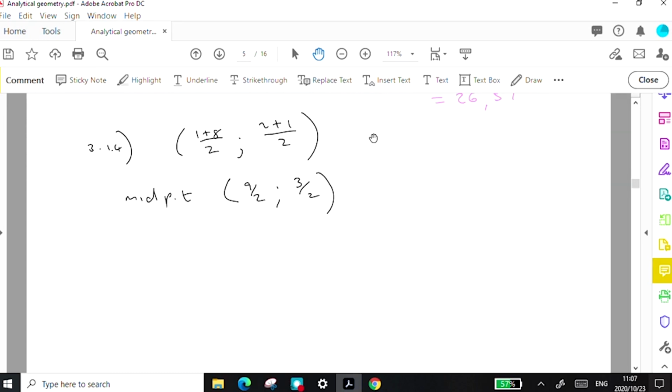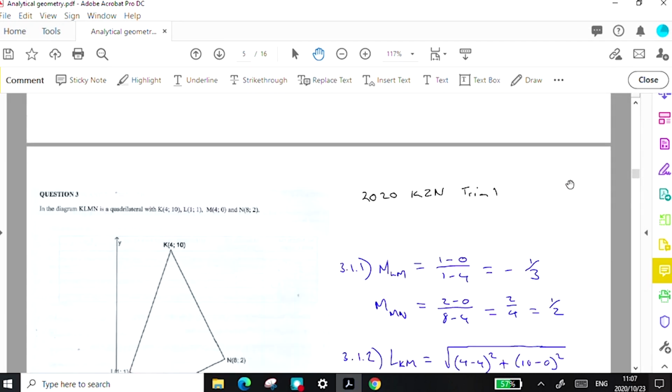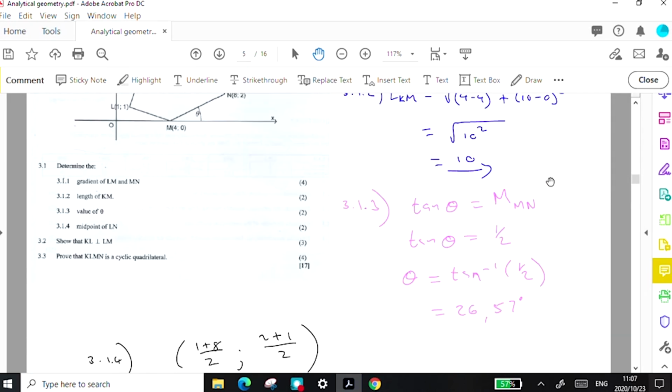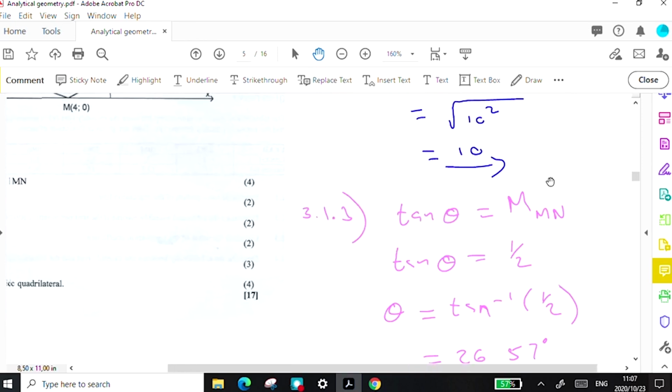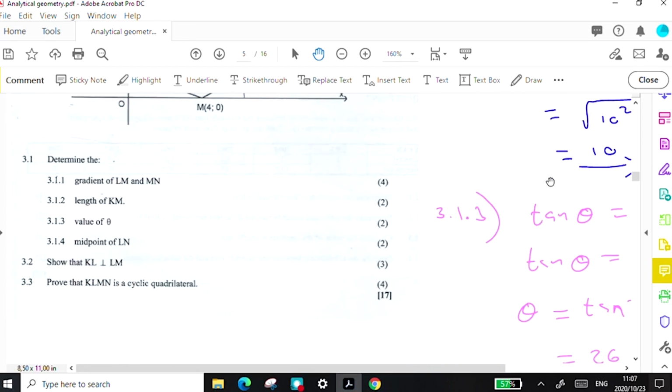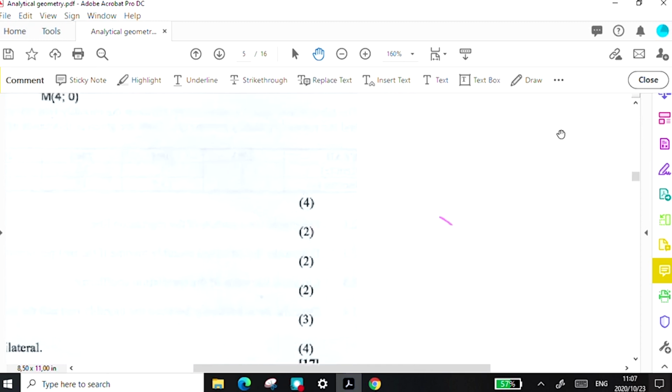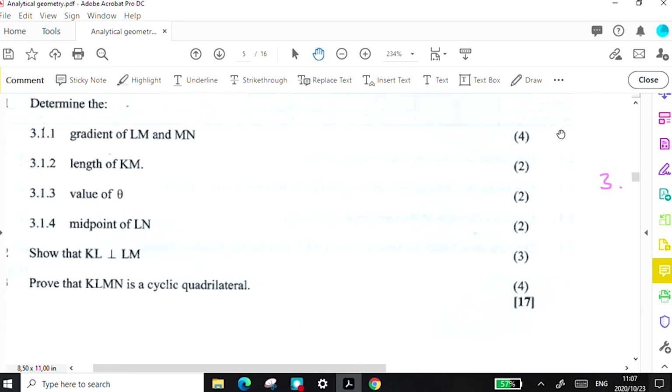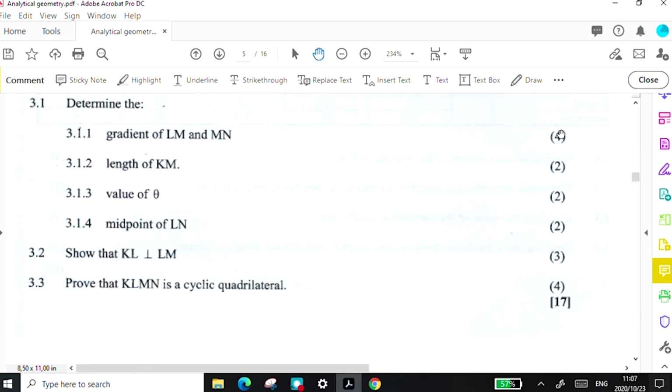And for number 3.2, we want to show that KL is perpendicular to LM.